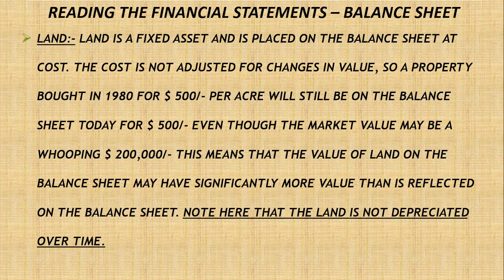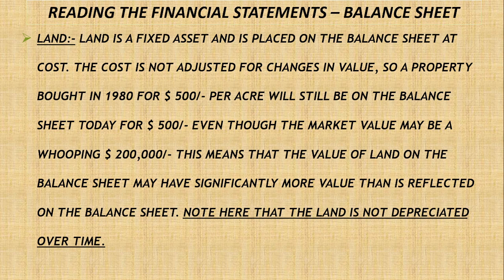Land. Land is a fixed asset and is placed on the balance sheet at cost. The cost is not adjusted for changes in value. So a property bought in 1980, say for $500 per acre, will still be on the balance sheet today for US $500, even though the market value may be a whopping US $200,000.